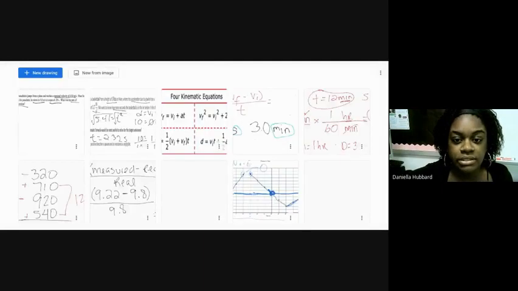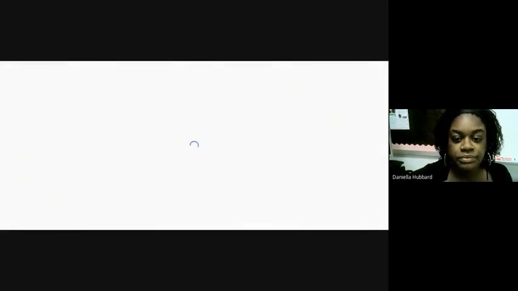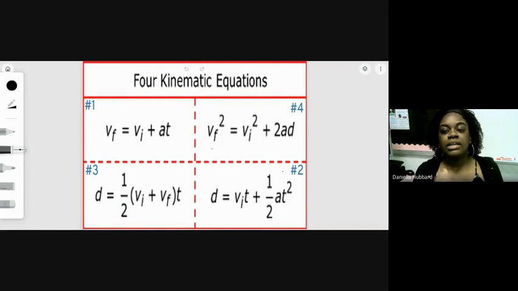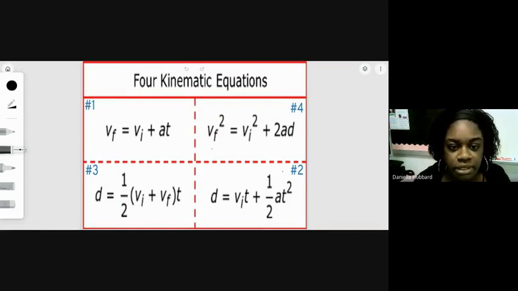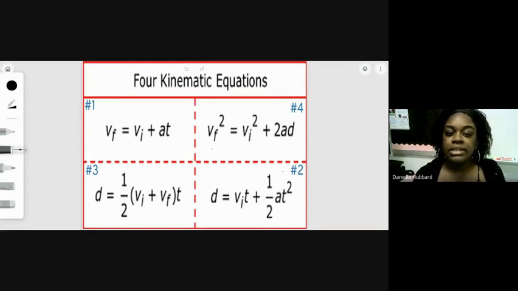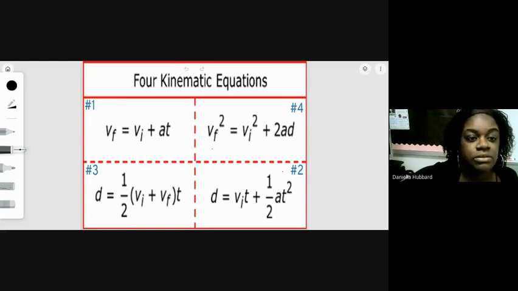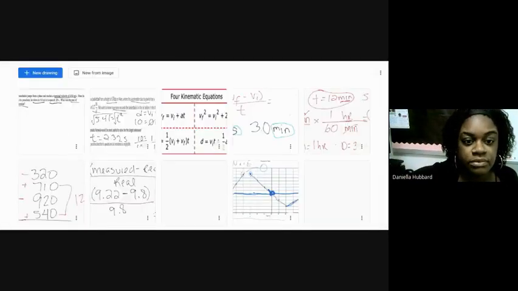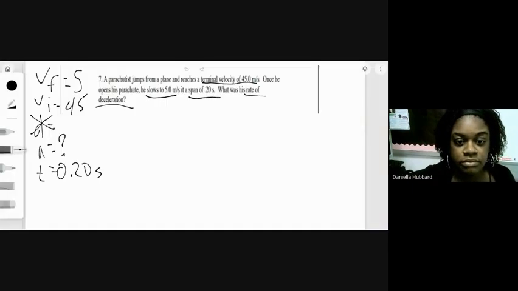So now let's go back to our equations. And we need to find the one that does not have D listed in the formula. The only one that does is equation number 1. VF equals VI plus A T. That's who we're going to use. So I'm going to write equation number 1.